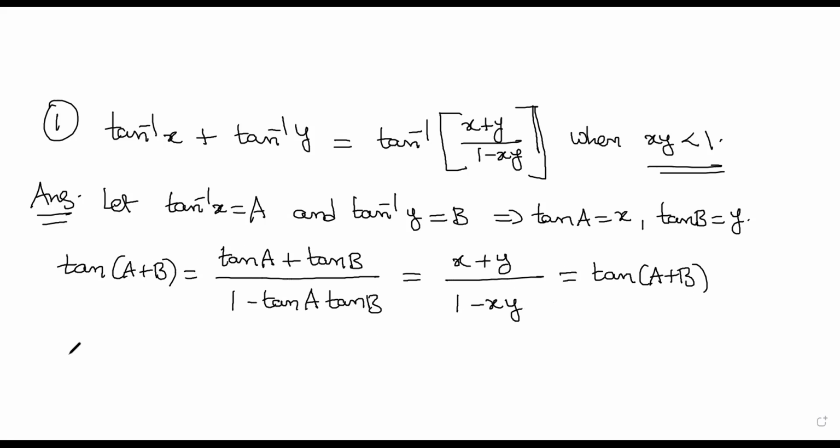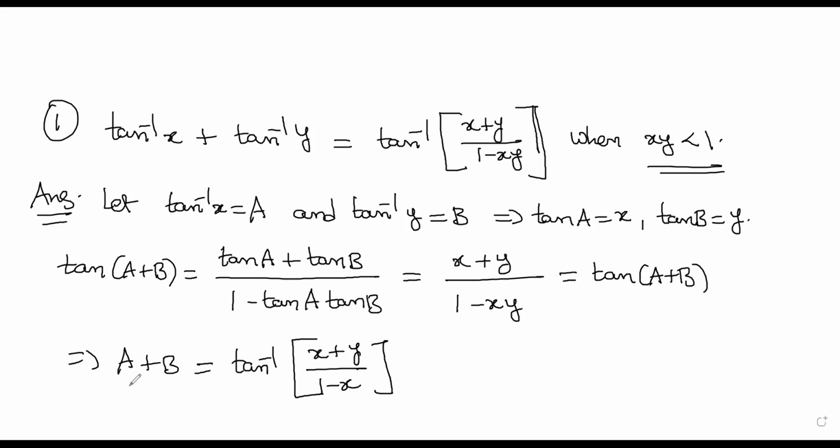So simply we can write A plus B is equal to tan inverse of (x plus y) by (1 minus xy). And now replace A and B with tan inverse x and tan inverse y. So you get this one as tan inverse x plus tan inverse y.